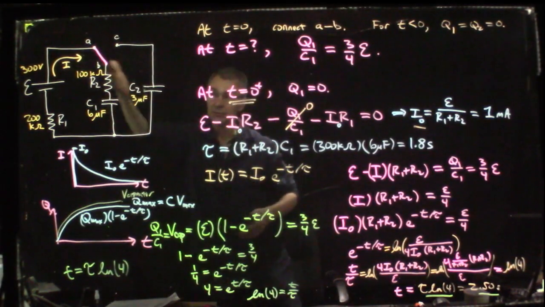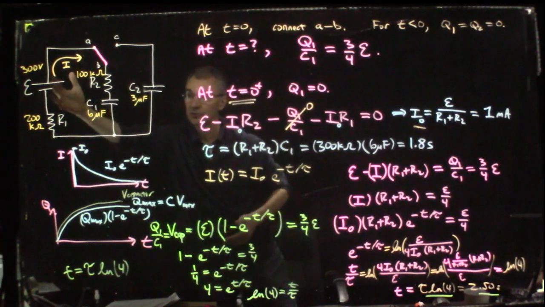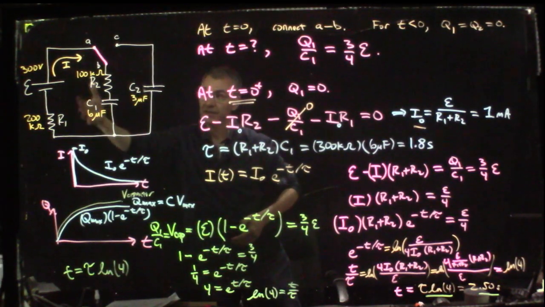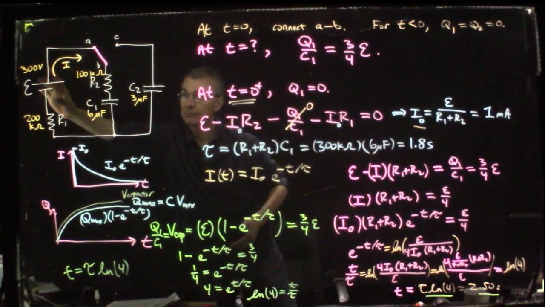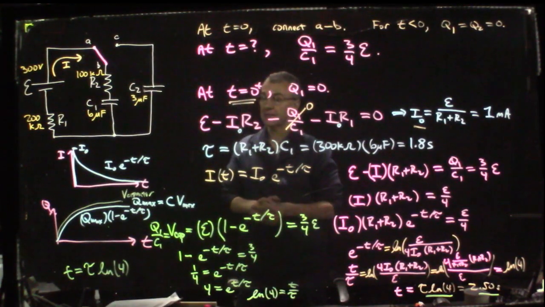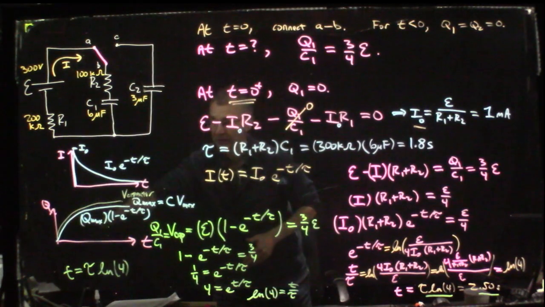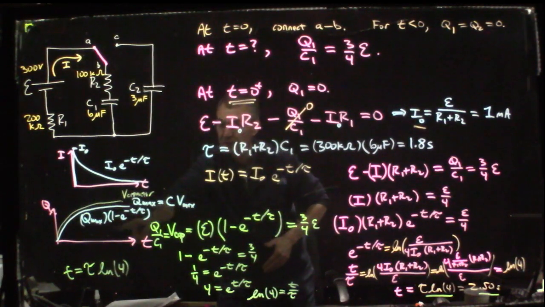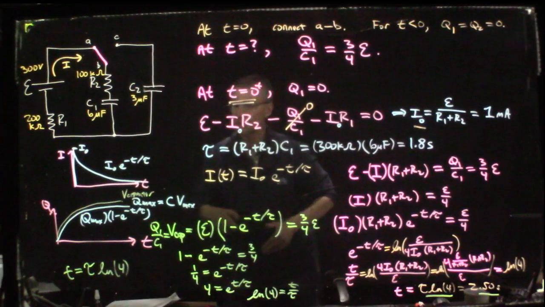In this case, there's only one branch in the circuit. So it really is true that by the time I is 0 flowing through this capacitor, the battery voltage equals the capacitor voltage. And then you say, okay, now I know what the maximum value is of this curve. And then the shape is just right off the equation sheet, 1 minus e to the minus t over tau.